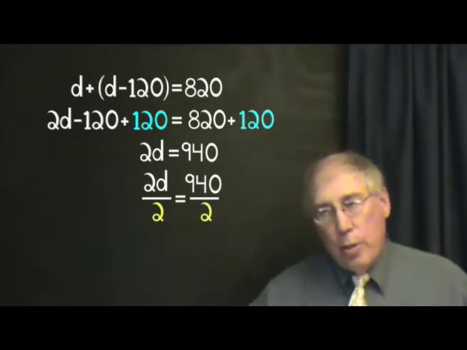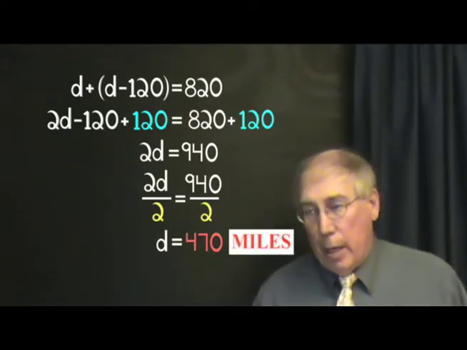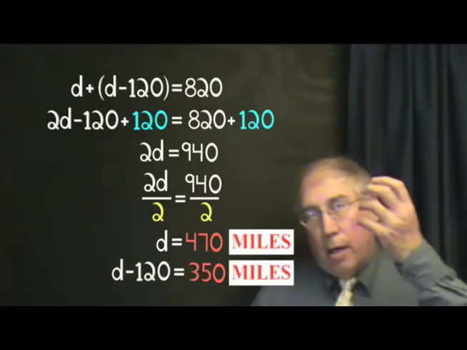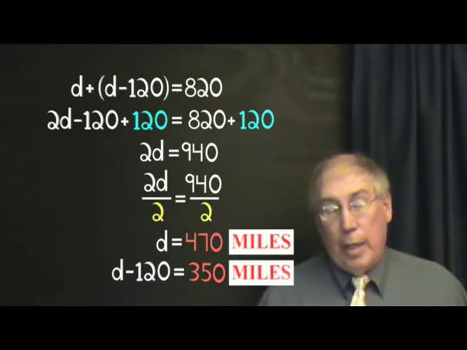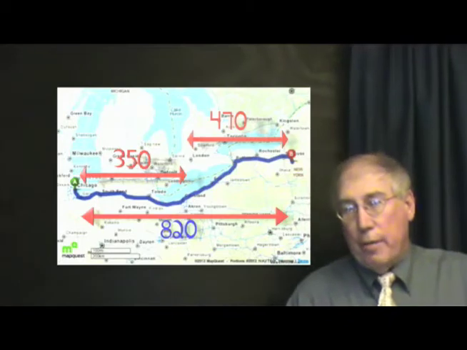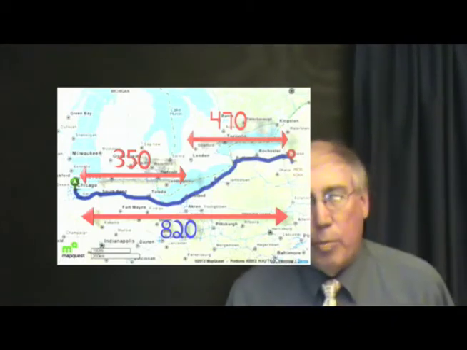Then let's divide 2 into both sides, and we should land up with d equals 470 miles. Then the distance from Chicago to Cleveland is 350 miles because we have to subtract off 120. And the distance from Cleveland to New York is 470. So here we have it displayed, the actual mileage that we calculated.